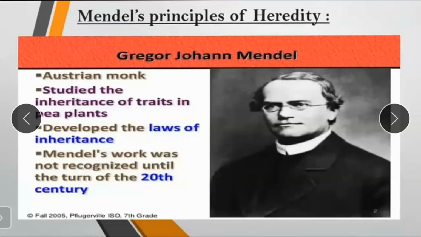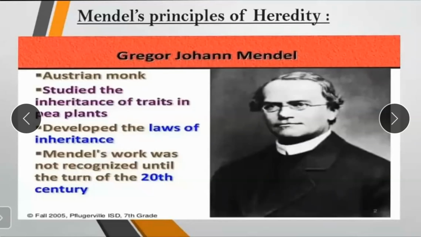Okay, so Gregor John Mendel was an Austrian scientist, or an Austrian monk. He studied the inheritance of some characteristics of the pea plants. Means he did experiments mostly on the pea plants. Then he showed that inheritance of these characteristics follows certain principles.